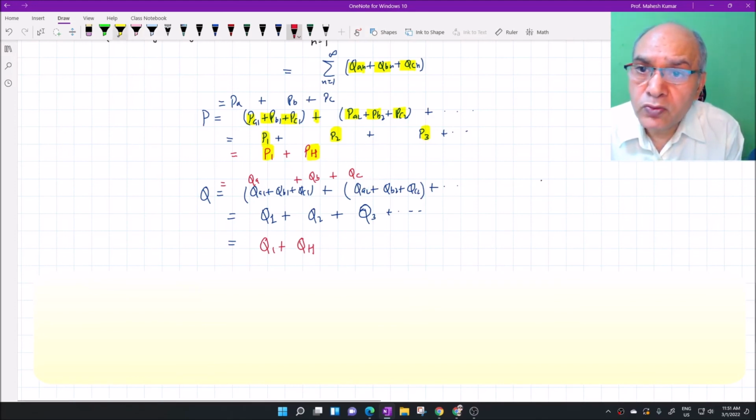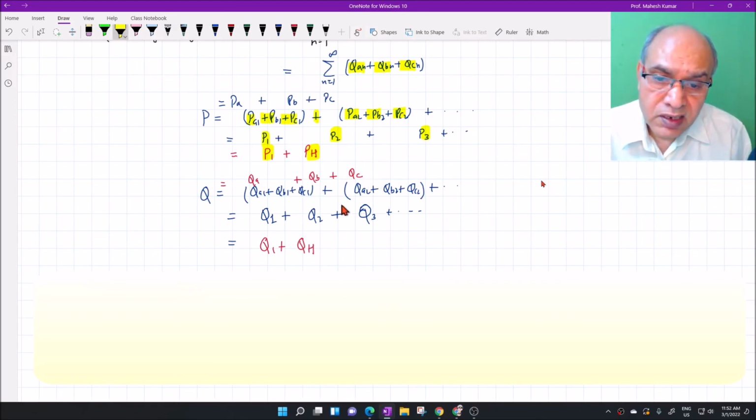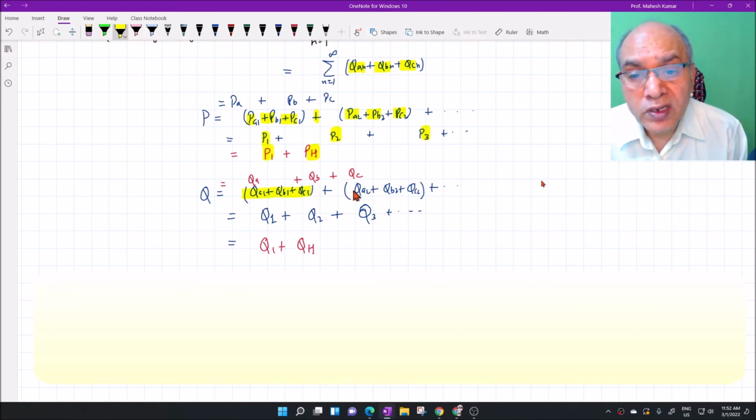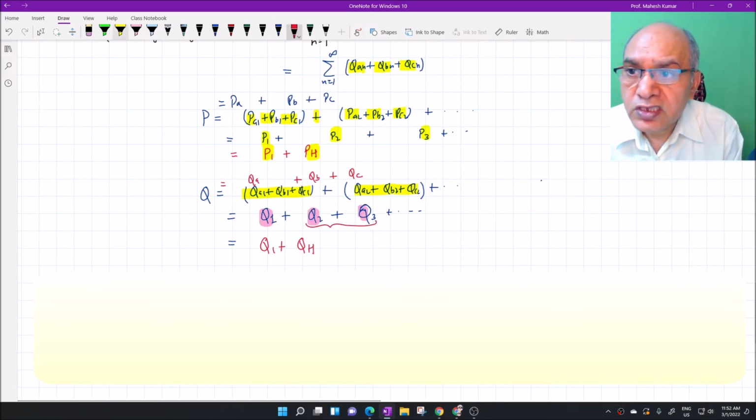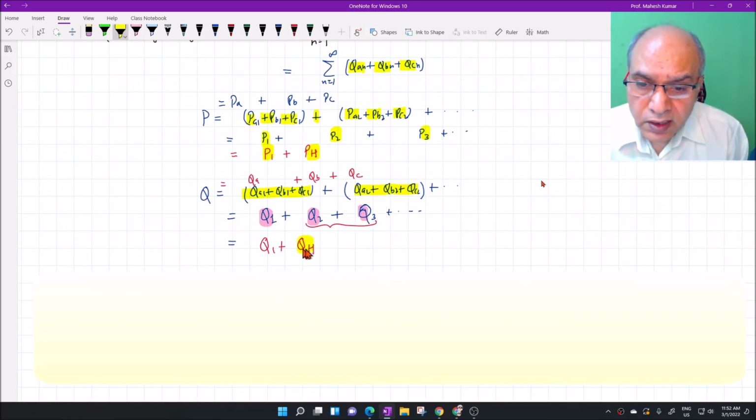Now we can group into the fundamental and the remaining harmonic components. For example, we can write QA1 plus QB1 plus QC1 and then QA2 plus QB2 plus QC2 and so on. Then we can combine the fundamental component as Q1 and the remaining components as Q2 and Q3, and these can be further combined as QH. So this is the QH reactive power. This is the fundamental reactive power.